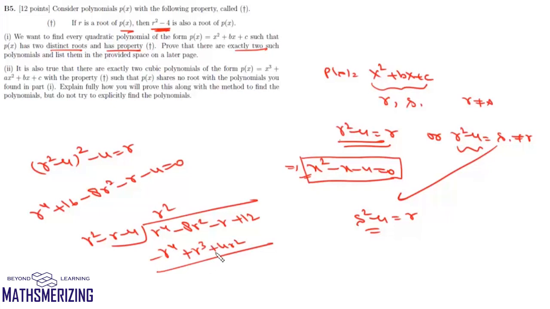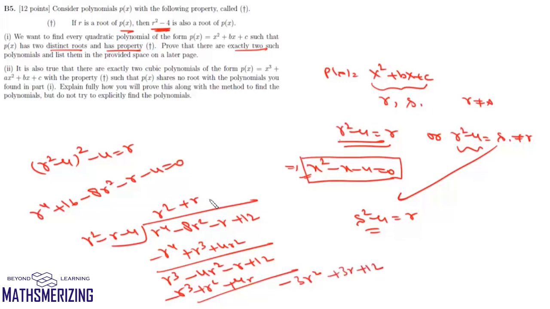So this is minus plus plus. So it'll be r cube minus 4r square minus r plus 12, and then r cube minus r square minus 4r. So it'll be minus 3r square plus 3r plus 12, and then we'll have minus 3. So it'll be minus 3r square plus 3r plus 12.